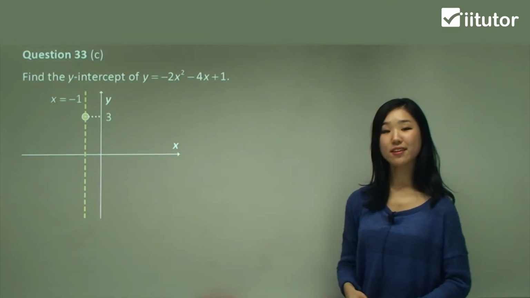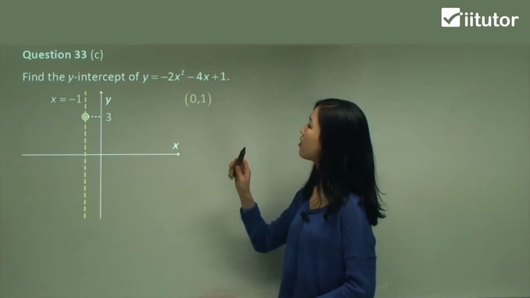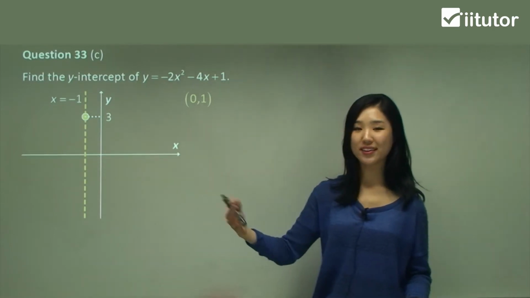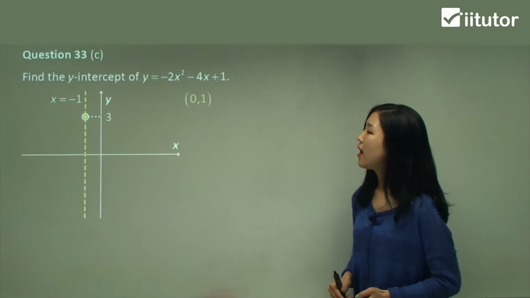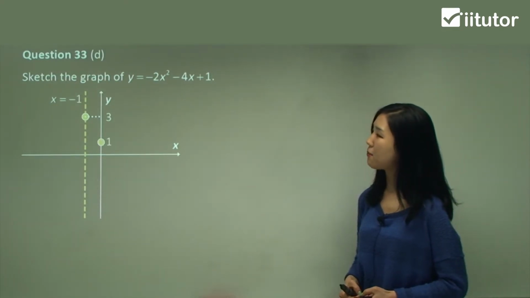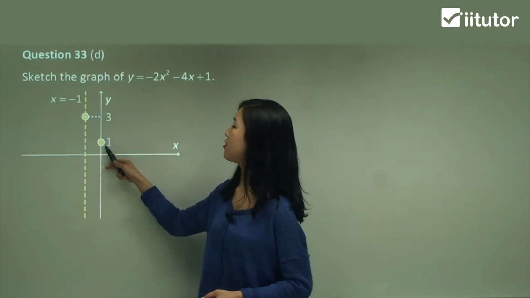C, find the y-intercept. So sub in x equals 0, you should get 1 left over. So 0, 1 is the y-intercept. So easy. Just plot that in. That's your y-intercept. And in part D, we'll just sketch the graph joining these 2 points.